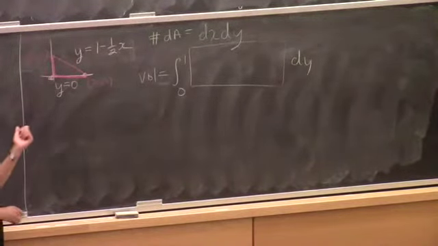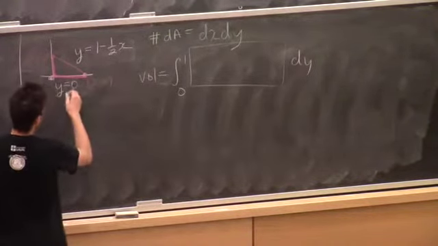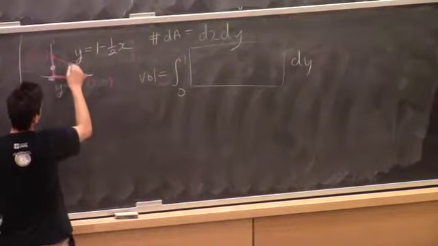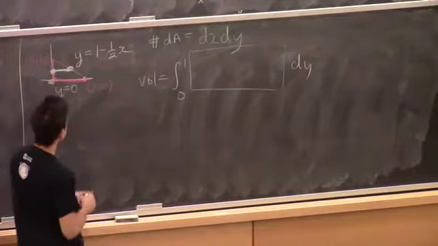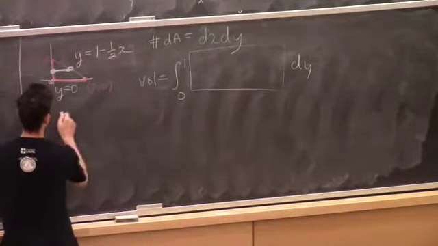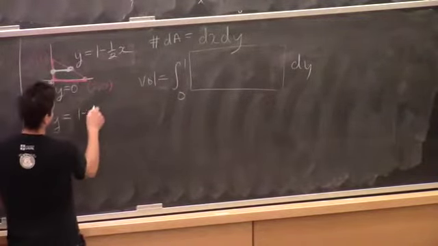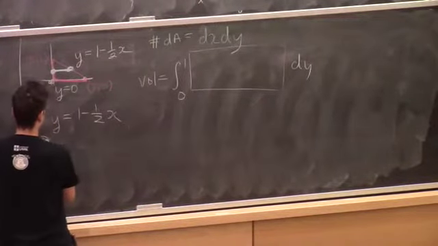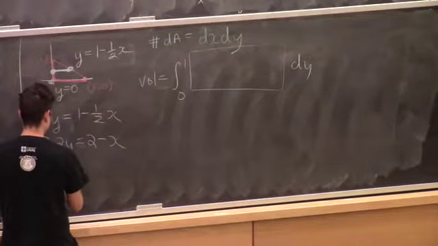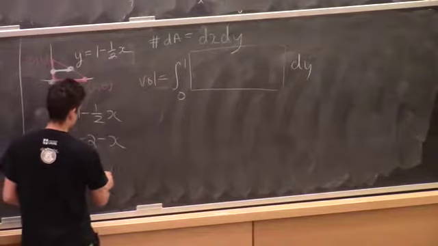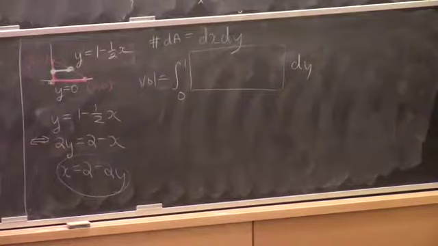Okay. And now I have to figure out what's going on with the inner integral. So with the inner integral, I'm running along x, and I want to go from here to here. Okay, so I have to solve for that x coordinate. Okay, so now I know where my x coordinates will run.